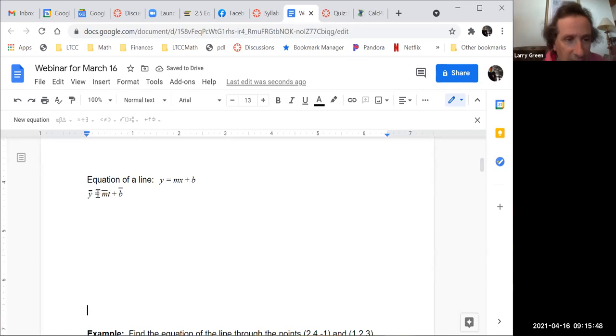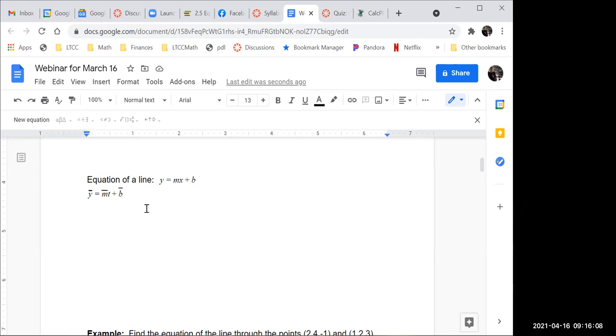So here is the equation of the line. y equals mx plus b. I can rewrite that as y vector equals m vector times t plus b vector. How many dimensions does this work in? 3. Works in 3.